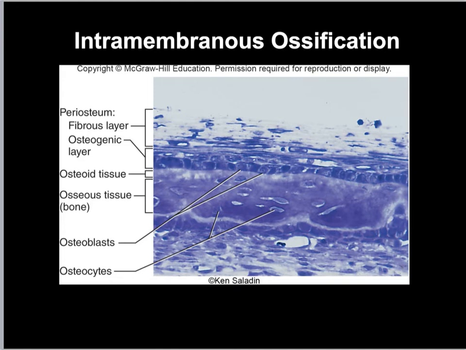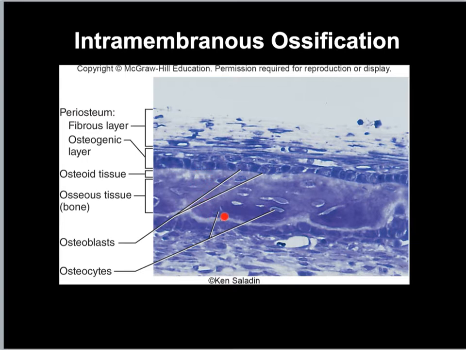Here we can see a histology slide of this actually happening. So here we have osteoblasts, right there, right there. They're laying down. So these osteoblasts are actually captured inside osseous tissue.